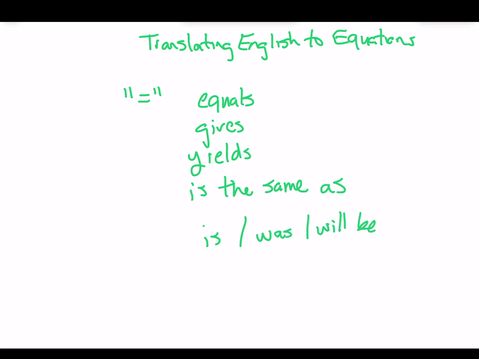Just like when we were dealing with the operations, addition, subtraction, multiplication, and division, this symbol can be represented by all of these words. So we'll now try and do an example where we translate from words to an equation.